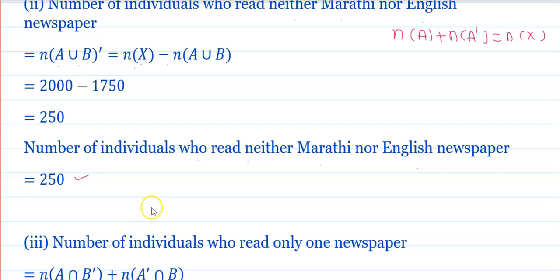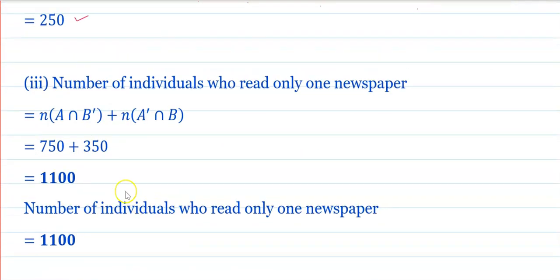Now the next question. Number of individuals who read only one newspaper, and this is important. Now see here, n of A intersection B complement means what? Here only Marathi is read. And n of A complement intersection B means what? Here only English is read.